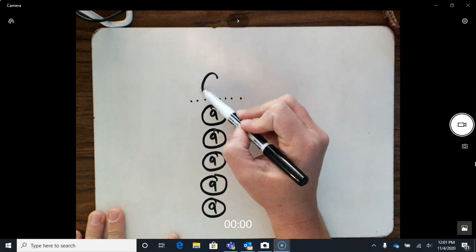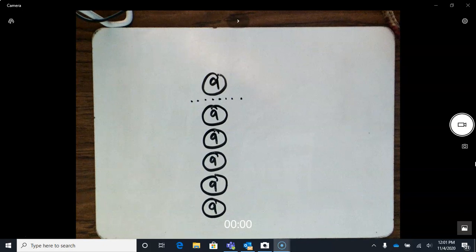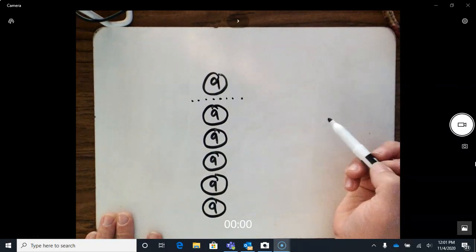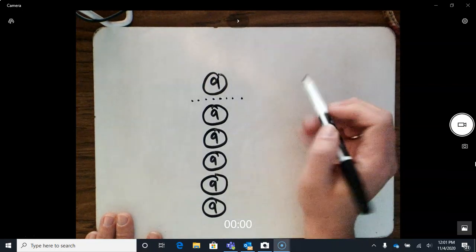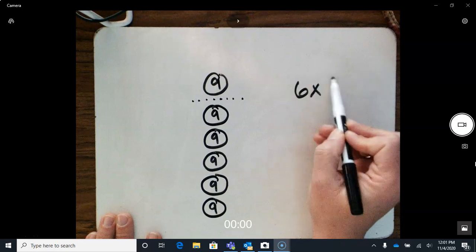So at the top, let's add a circle, and put a 9 in it. So now, how many groups of 9 do we have now? Yes, we have 6. 6 groups of 9. So, let's write the multiplication equation off to the side. We just said we had 6 groups of 9, so it's 6 times 9.